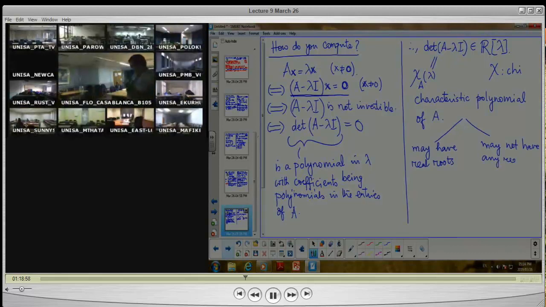Let me stop for a while and say why Axler in his book takes complex scalars, and that is the fundamental theorem. If our scalars are complex numbers instead of reals, then it will be a polynomial with complex coefficients, and the fundamental theorem says it always has roots.